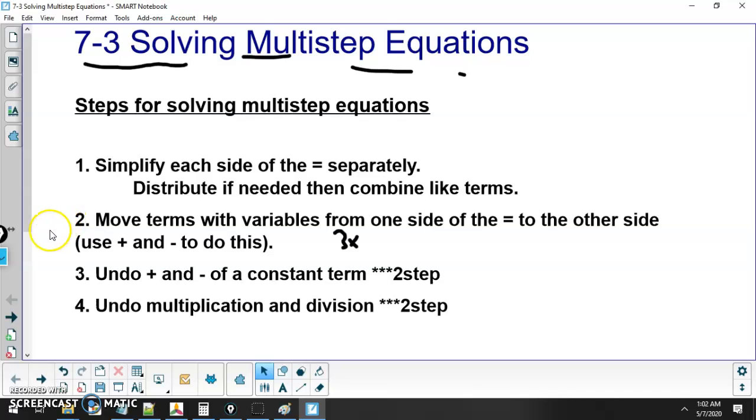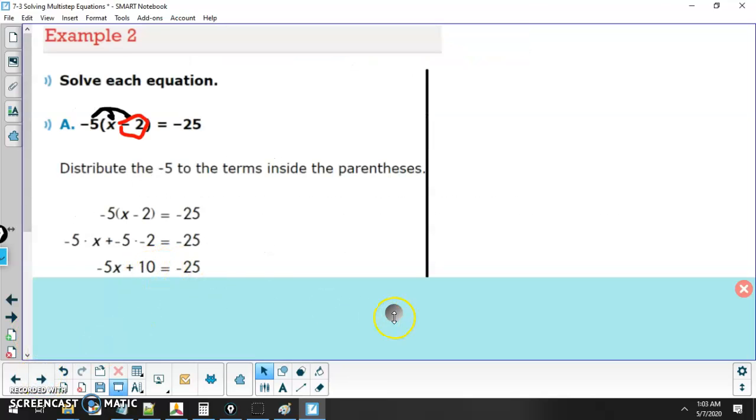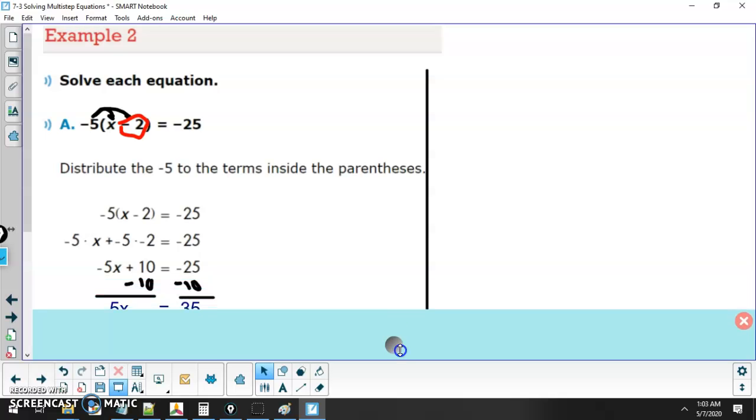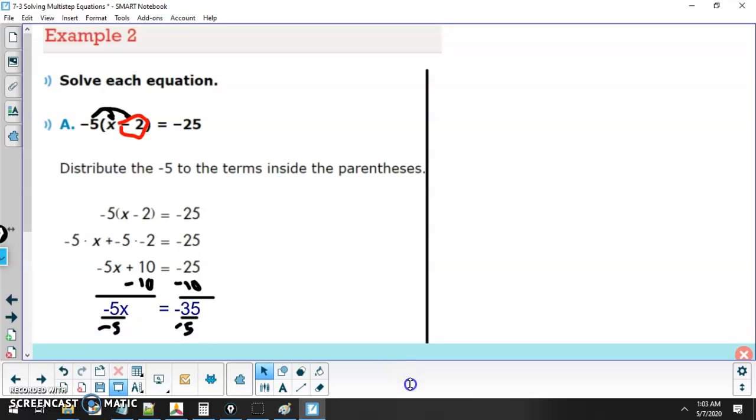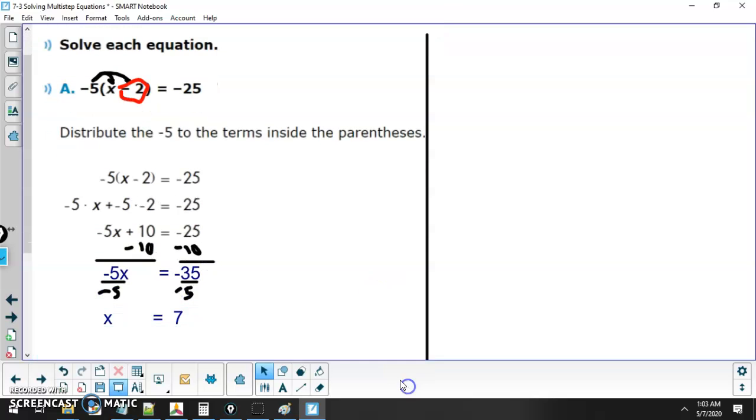We didn't have step 2 because there were no variables on both sides of the equation. And now we're doing the two-step. The first step of the two-step is get rid of the +10 by subtracting 10. Next, you want to get rid of the -5x by dividing by -5. And so your answer is x equals 7.